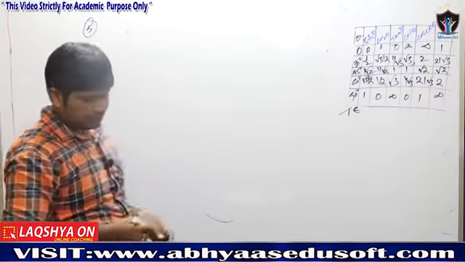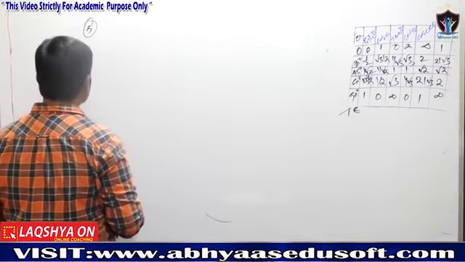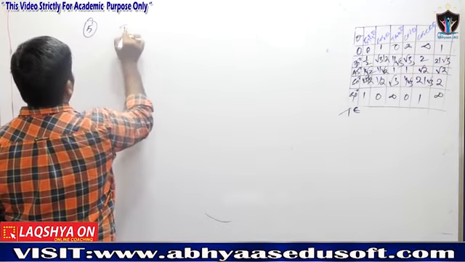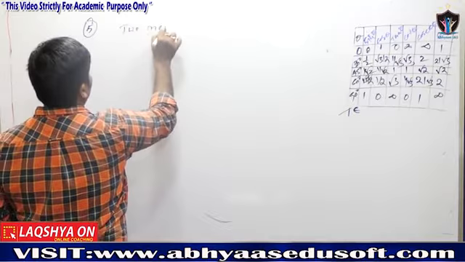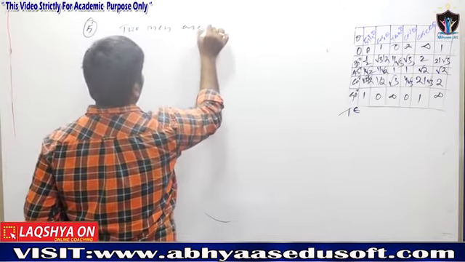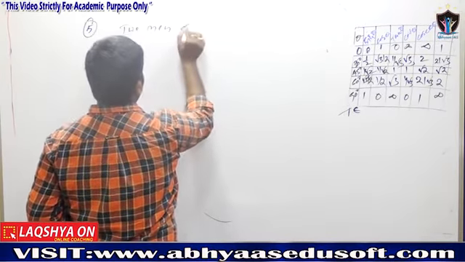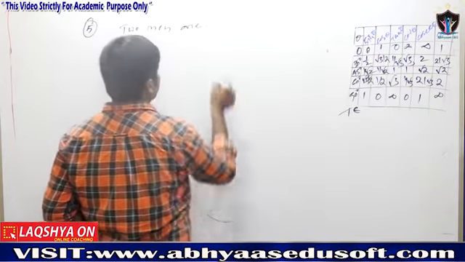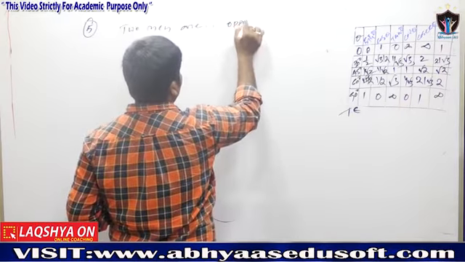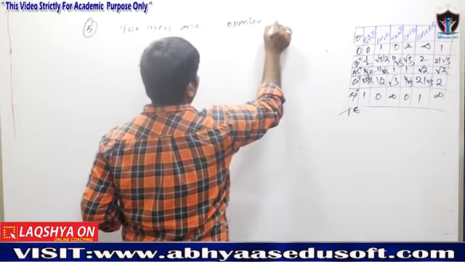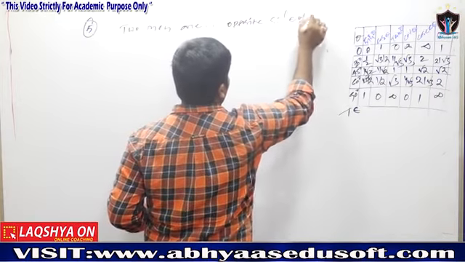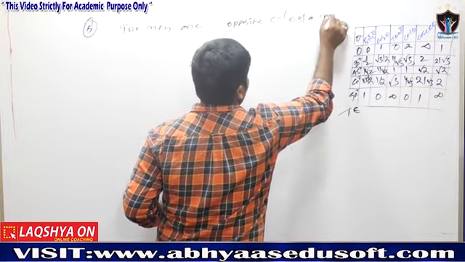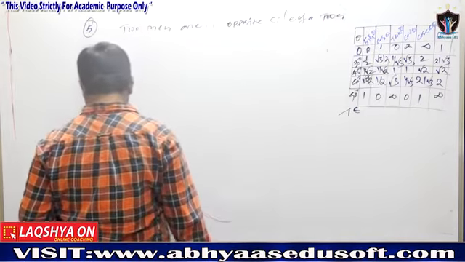When we take the fifth question: two men are on opposite sides of a tower.